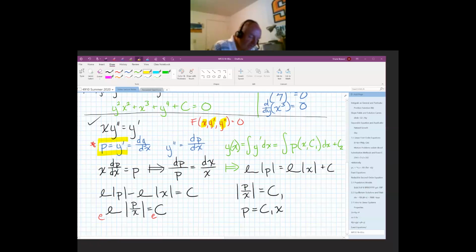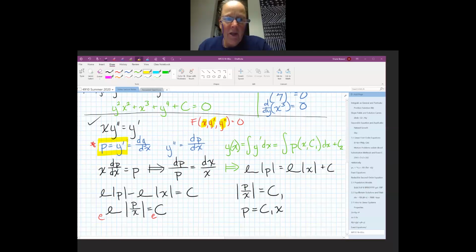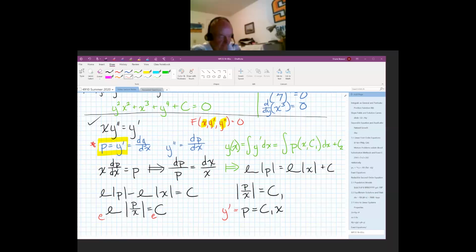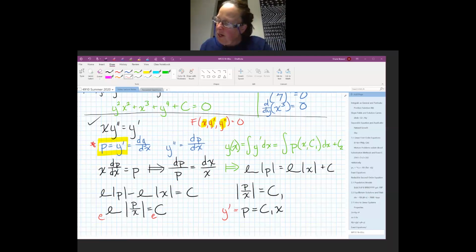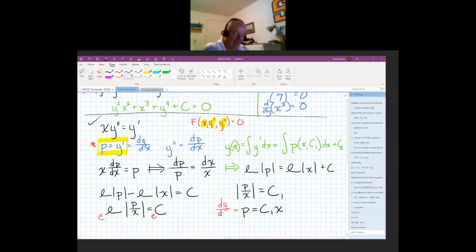You got me. Caroline, help. Okay, so we earlier established that p is going to equal y prime. I'm kind of trying to figure out which notation I like best, whether I like y prime or dy dx. So I think the way I would write this is that I'm going to replace p with dy dx. dy dx equals c1 times x.